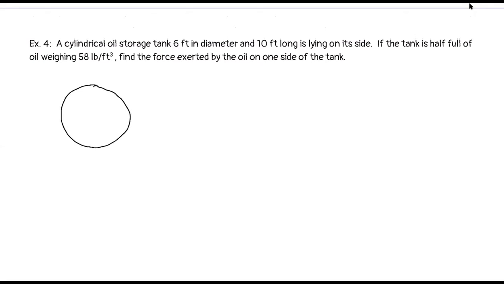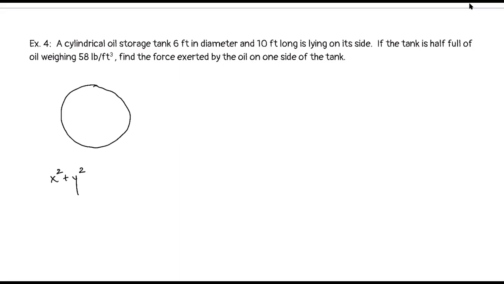Now, since we're dealing with a circle, immediately I'm thinking, which equation is the easiest to describe a circle? Because I know I'm going to need an equation at some point to describe the width. To me, the easiest equation for a circle is when you keep the center at the origin.